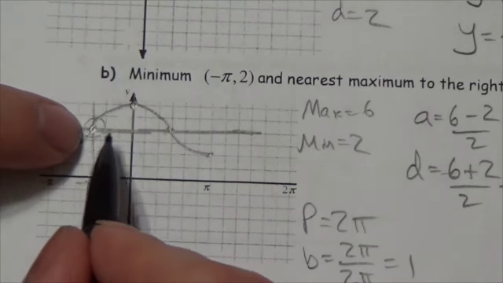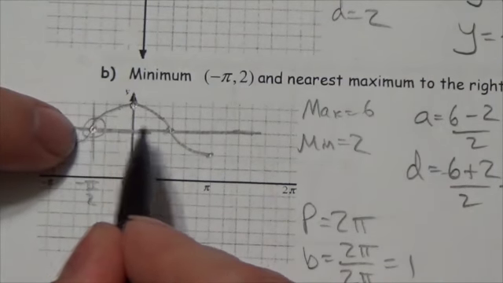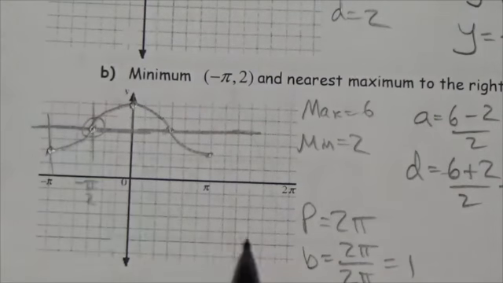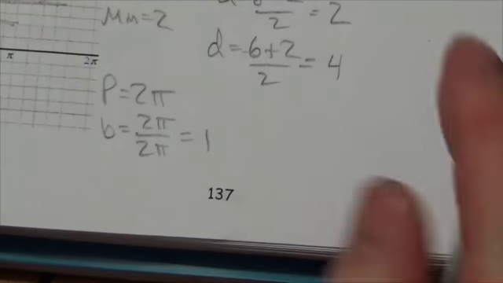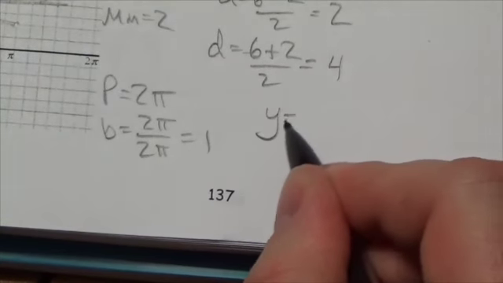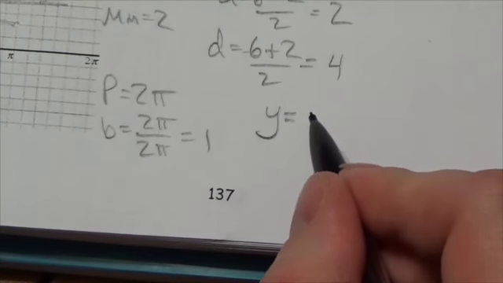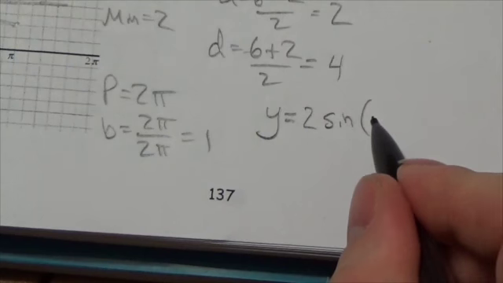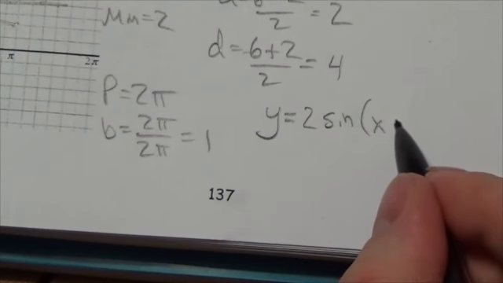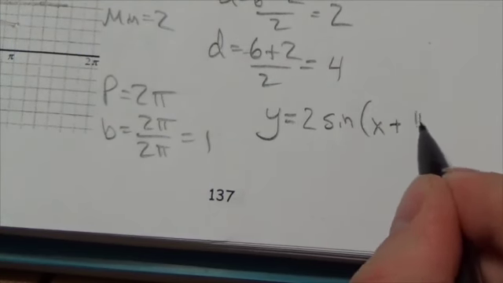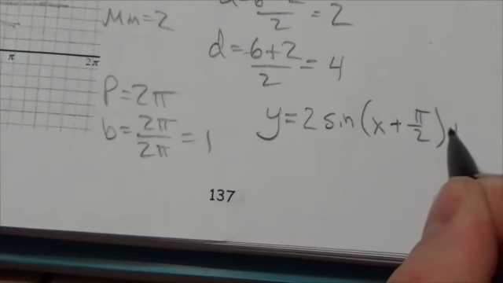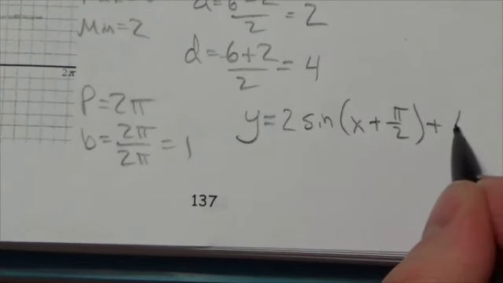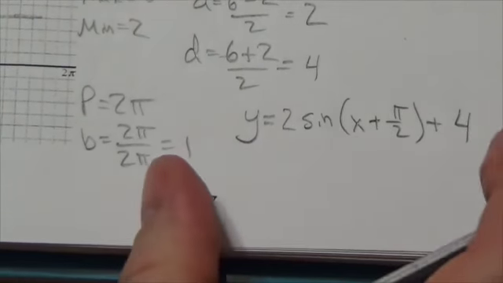So a regular sine function should start on the y-axis. This one doesn't. It's been moved pi over 2 to the left. So I can write y equals positive 2 sine of, now it's going to be 1, the b value is 1, and this is moved pi over 2 to the left here, so this will be plus pi over 2. And then the d value, or the median there, is 4. So that's one way I could do it.